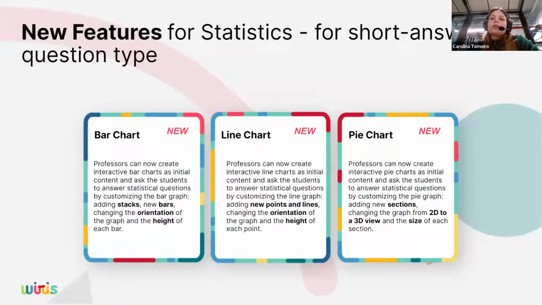With the pie charts, you're able to create multiple sections, label these sections, change the colors of the sections, view the pie chart either in 2D or 3D dimensions. This was a feature highly requested, graphs for statistics, and these three types of charts are now available.